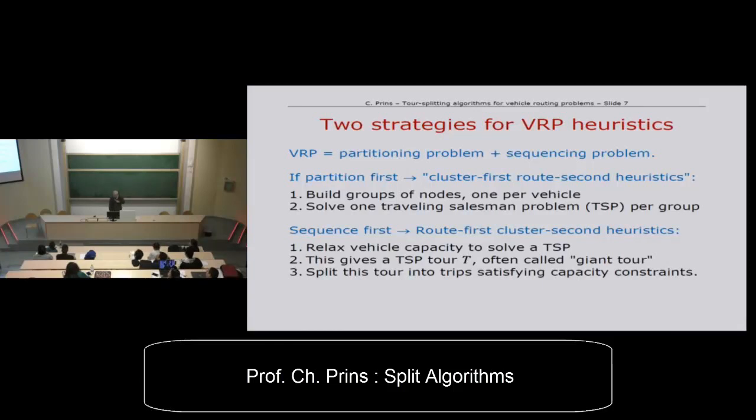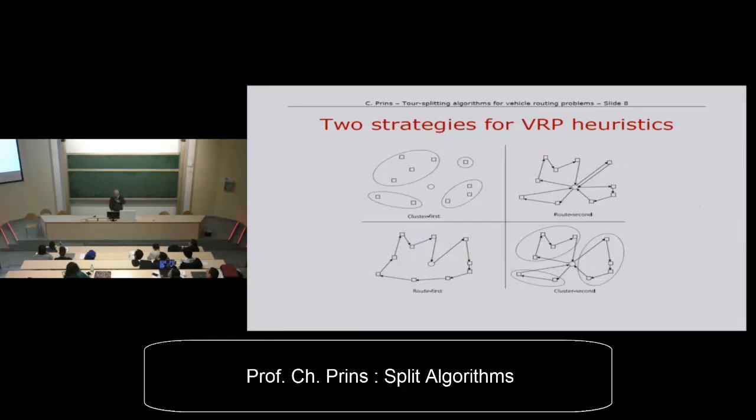So these are two opposite approaches, which are illustrated here. Here I have built groups of customers. The depot is in the middle. And then, beginning at the depot, I build a trip, a route for each group, and the vehicle at the end returns to the depot.